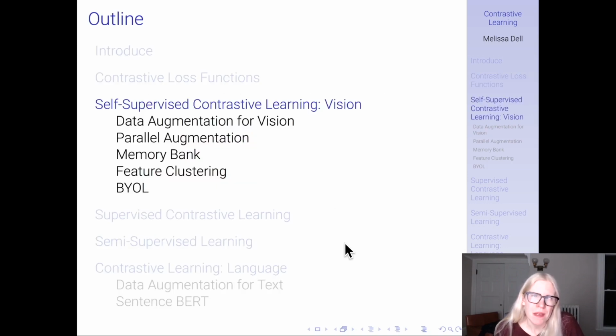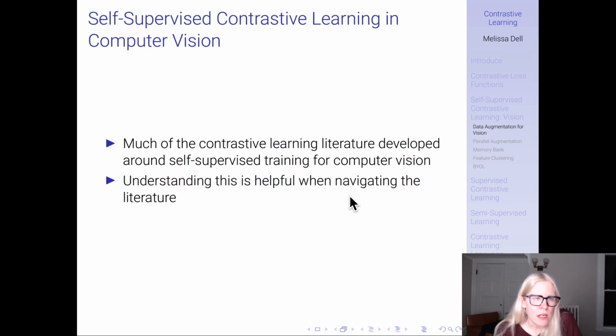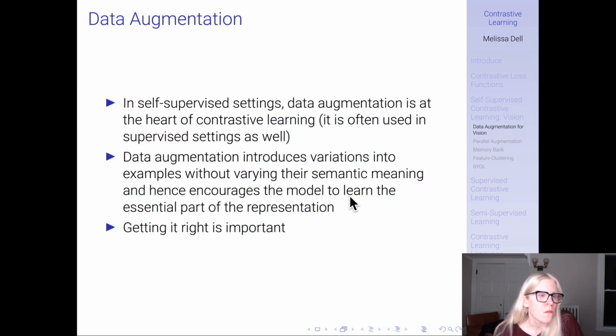Okay, so we'll talk about these a little bit more as we go along. I want to start by talking about self-supervised contrastive learning in the context of vision. Much of the contrastive learning literature developed around self-supervised training for computer vision, and understanding that is helpful when you're trying to navigate this literature. In self-supervised settings, data augmentation is very much at the heart of contrastive learning. As we just saw with SupCon, it may be used in supervised settings as well, but in a self-supervised setting, data augmentation is how you get a positive sample to learn from.